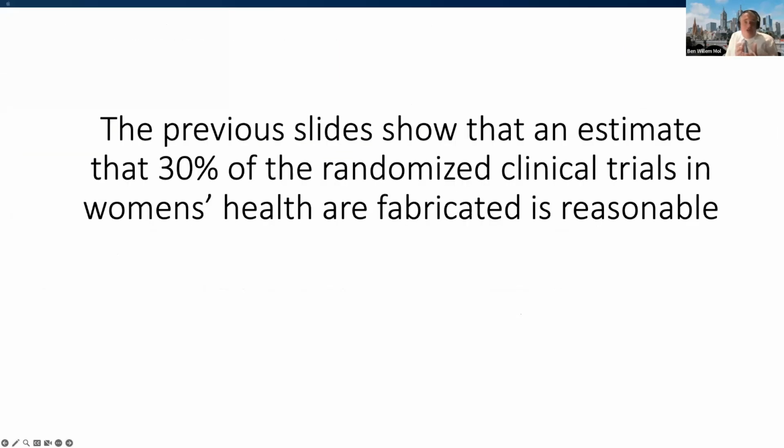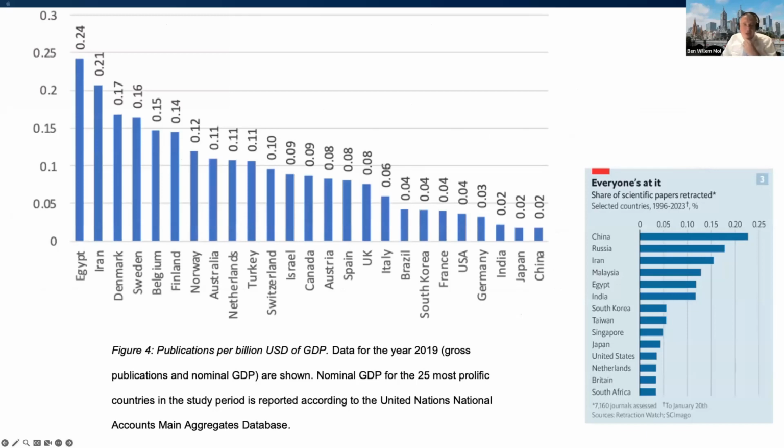So based on what I just showed, I think that an estimate that 30% of the randomized clinical trials in my field, women's health, are fabricated. And well, it's for you to assess whether you think that is a concern or not. Sensitive topic.